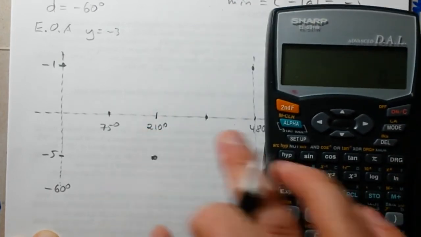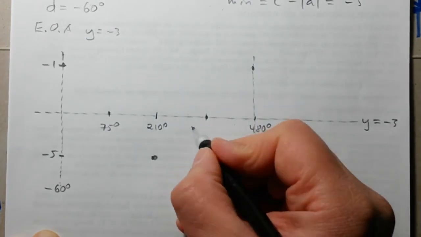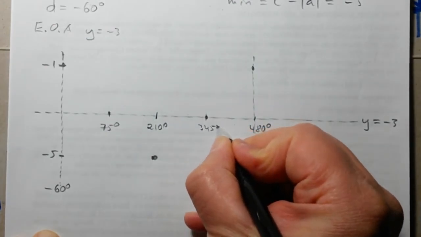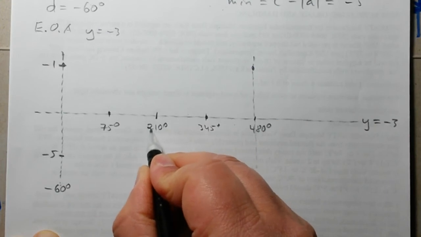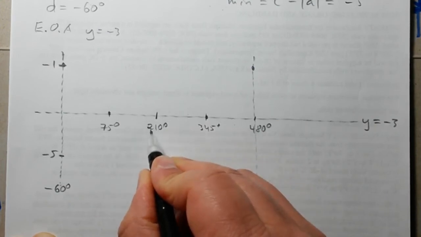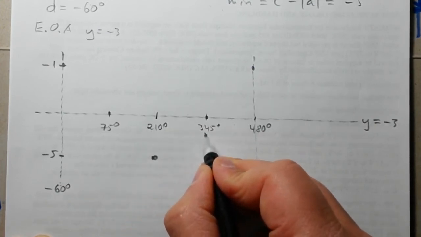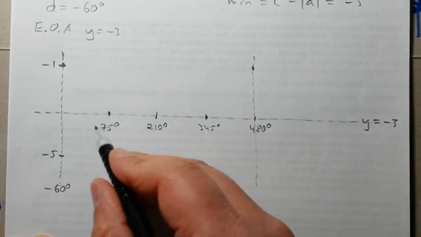And then plus another 135 here, 210 plus 135, which leaves us with 345. And that's it. We've got all that.